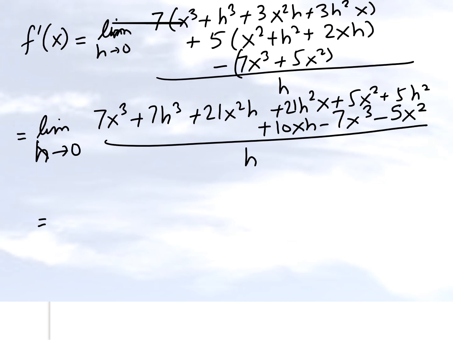So now, since we're seeing what we get by the expansion, we can see that 7x cubed cancels with 7x cubed, and 5x squared cancels with this 5x squared. So let's look at what terms are left over in the numerator, which are these quantities.